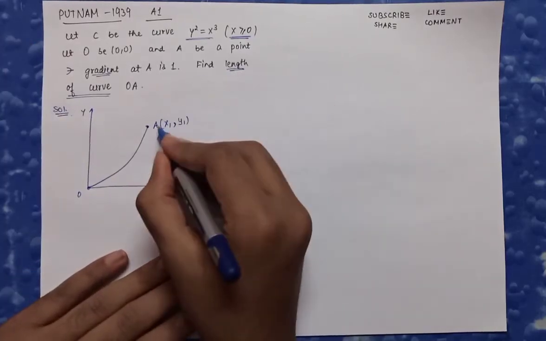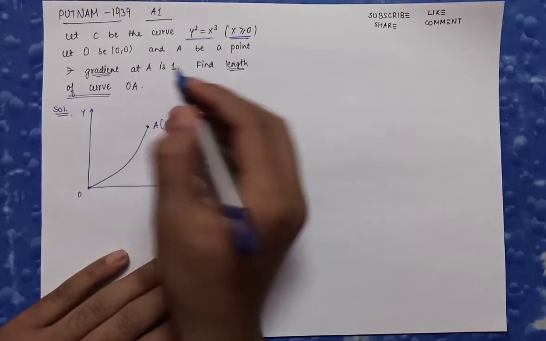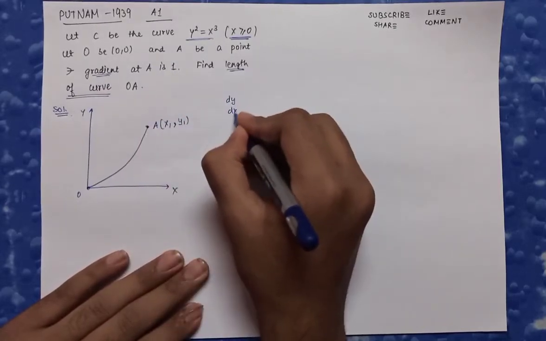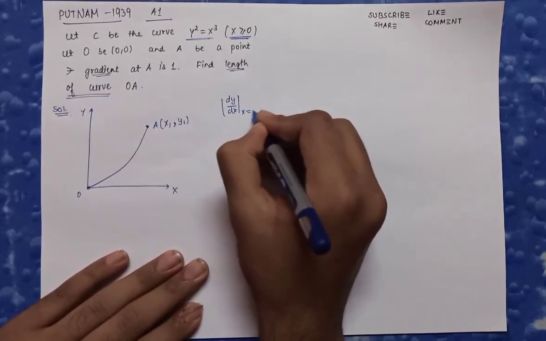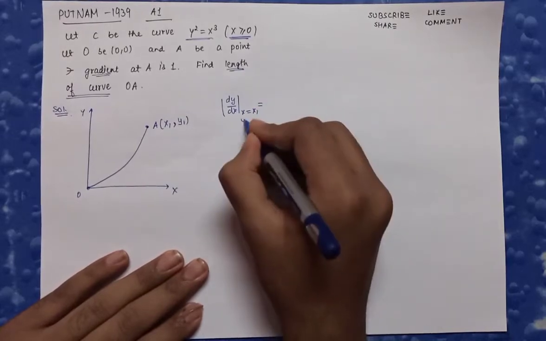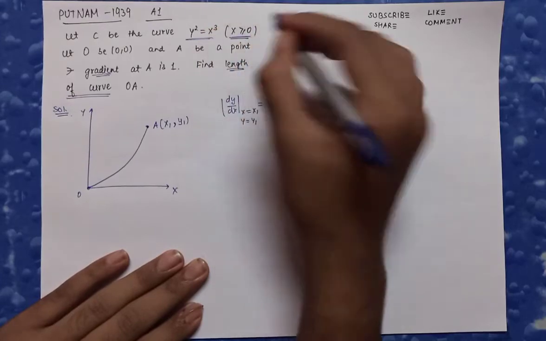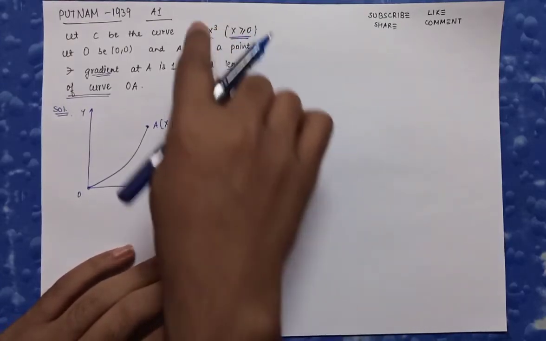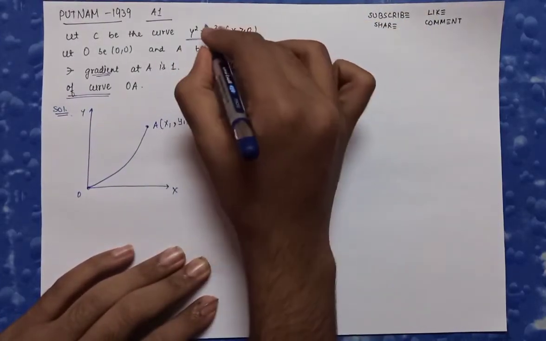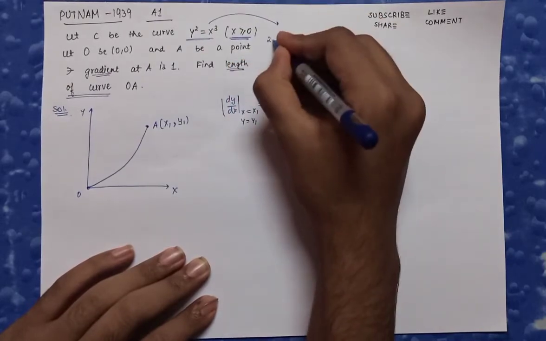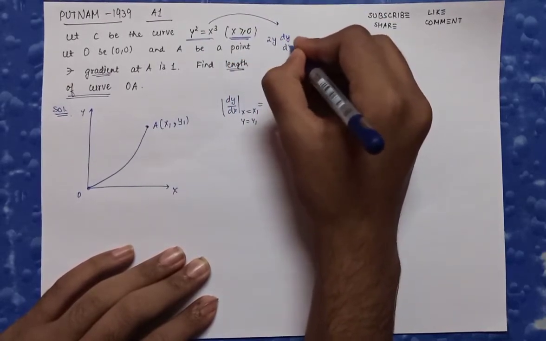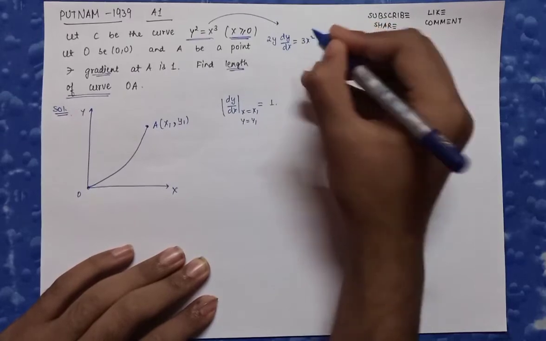Now derivative at A, because gradient at A is 1, so I can say that dy by dx at x equals x1 and y equals y1 is going to be 1. So let's evaluate derivative dy by dx from this given equation. So let's differentiate this. What I will get, 2y dy by dx equals 3x square.